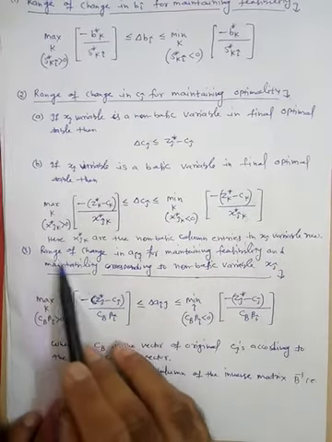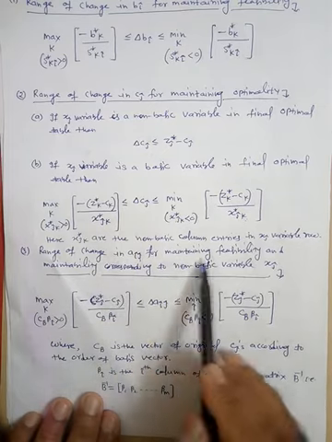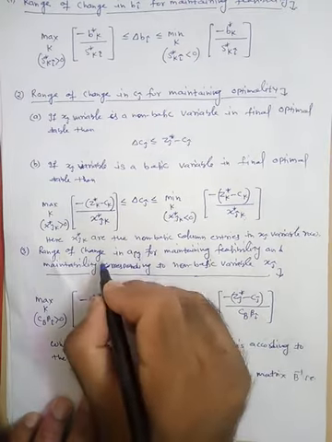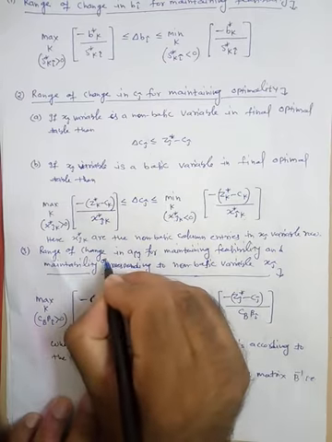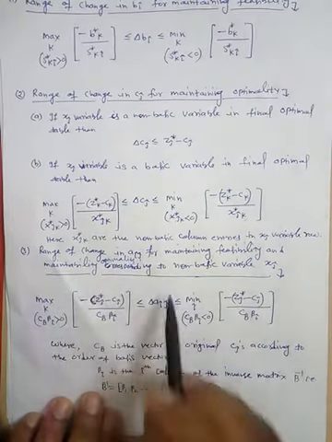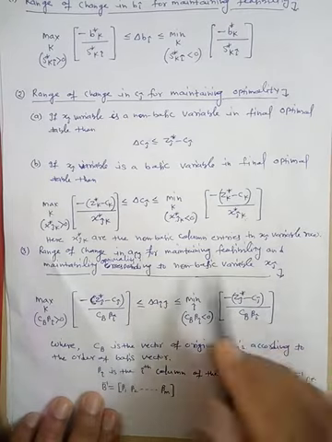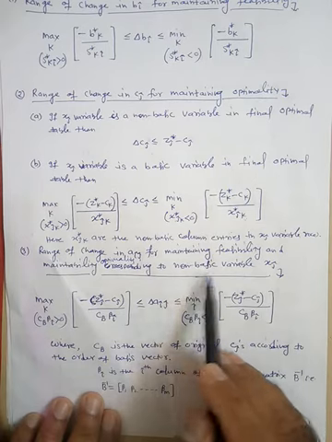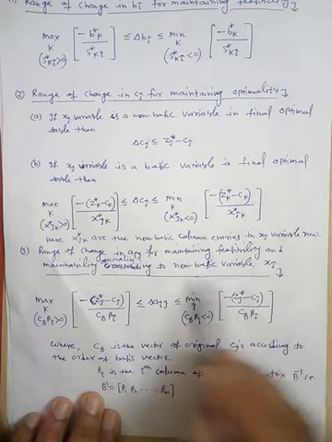Now similarly, range of change in Aij for maintaining feasibility and maintaining optimality. Here we are considering only non-basic variable columns. For range we are finding the range only for non-basic variables. Fine.